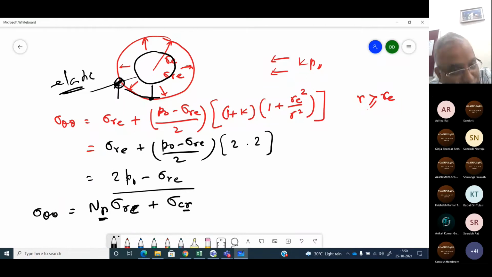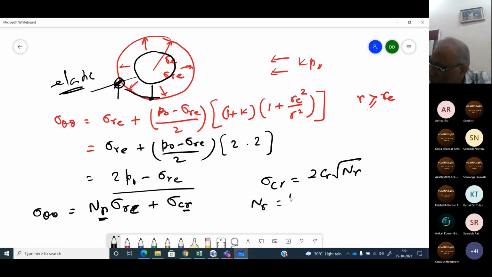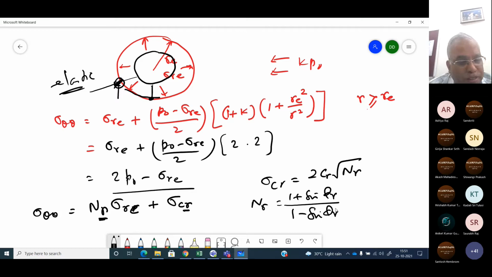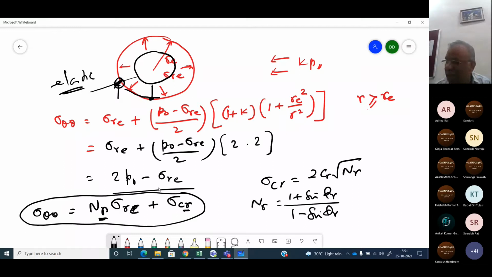This is the starting of the intact rock, so we are using the rock property. So sigma CR will be 2 CR square root of NR. This NR is 1 plus sine phi r over 1 minus sine phi r, the intact rock property, not the fractured, not F. So this is the last line for Mohr-Coulomb. After that it is elastic. Up to this, it is plastic.